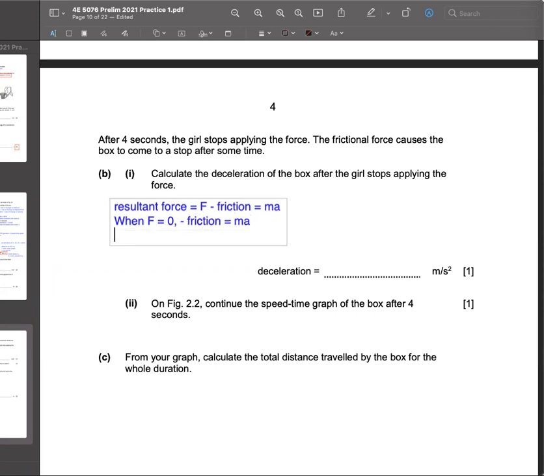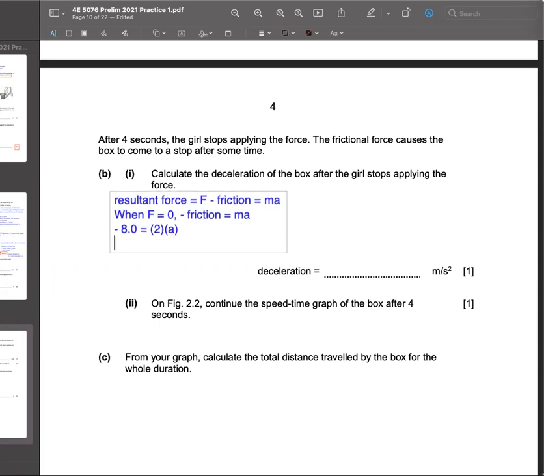So minus 8.0 equals 2a. Here a equals negative 4 meters per second square. How come we don't put a minus? Because it's deceleration.